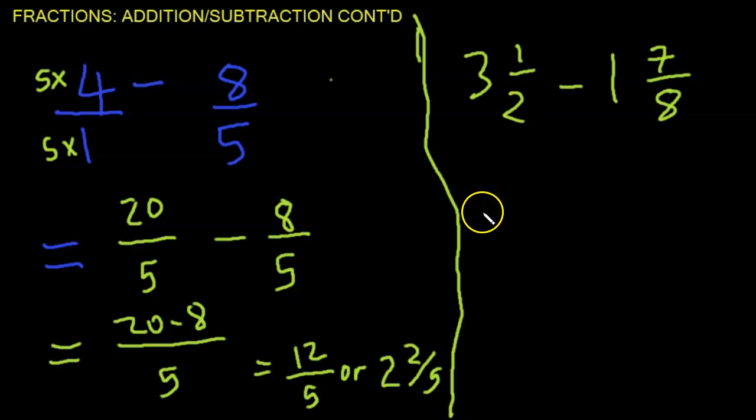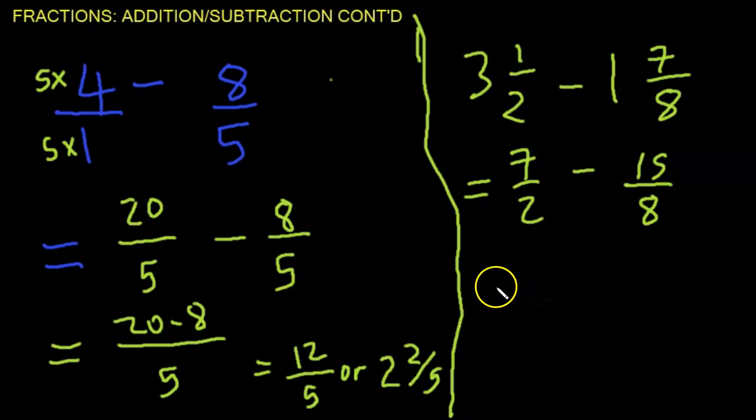So now we can convert each of these into improper fractions. So 2 times 3, that's 6, 6 and 1, 7. So this becomes 7 over 2. 8 times 1, 8, and 7, 8 and 7 is what? 15 over 8.